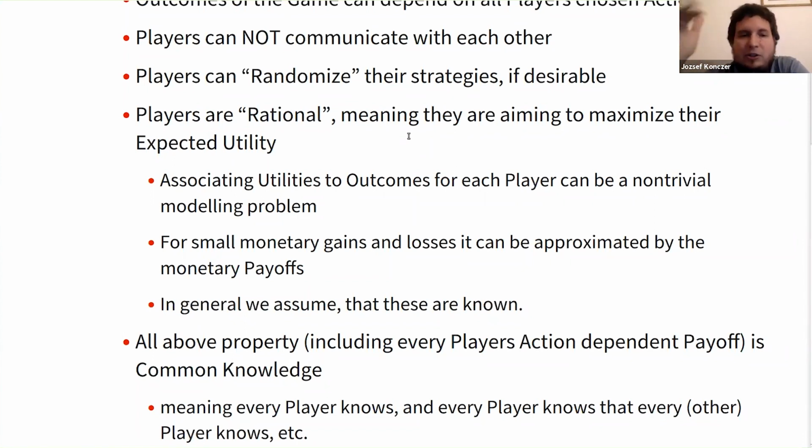But in general, we just assume in this framework that we already know these payoffs. So we already did this non-trivial modeling problem. And also all the above properties, including every player's actions and action-dependent payoffs, are common knowledge, meaning that everybody knows those and every player knows that every other player knows, etc.